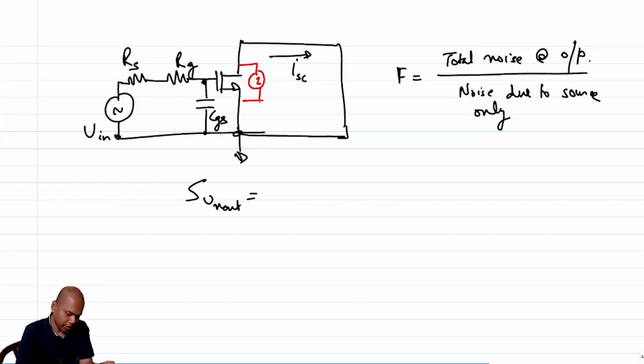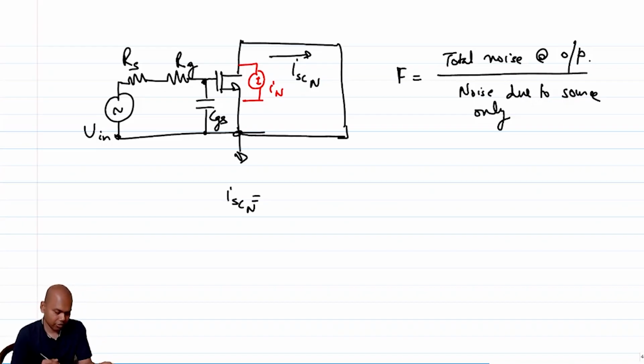Clearly you have the IN, right? So let me just write out the noise in terms of transfer functions. I should say ISC noise, not the voltage, not the signal. So ISC noise is IN plus what? When I'm doing noise analysis, I do not need the source.